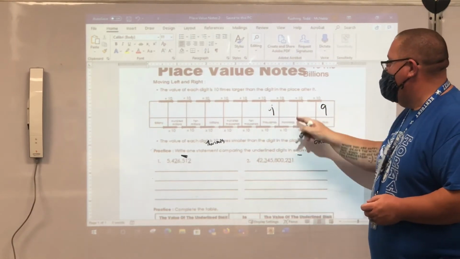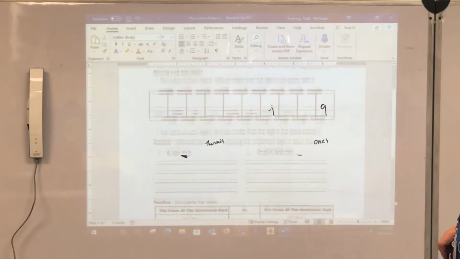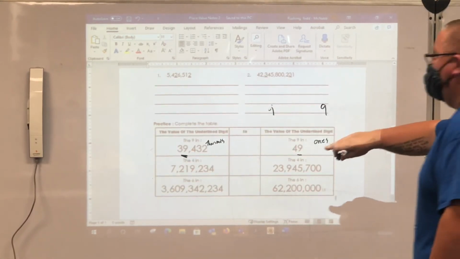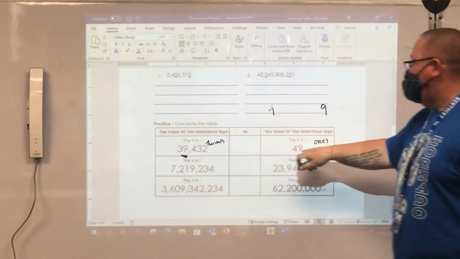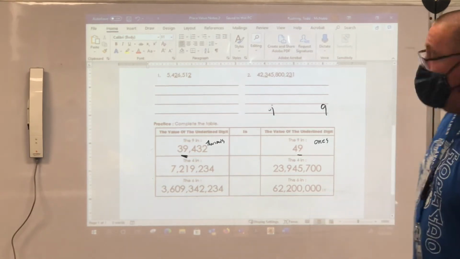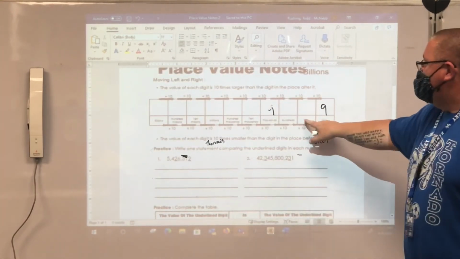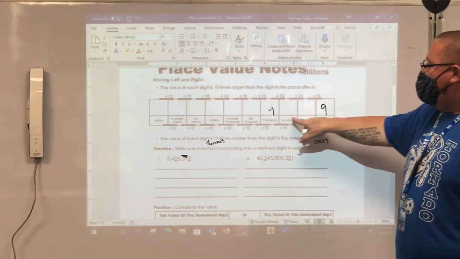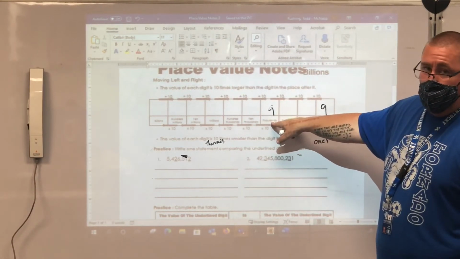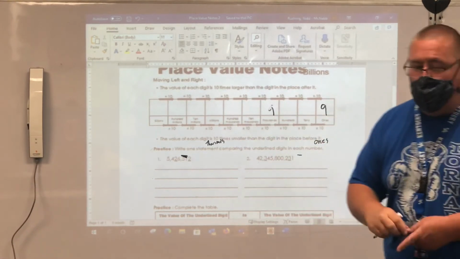We have a 9 here and a 9 here, and the question was: the value of the 9 in this number is blank the value of the underlined 9 in 49. So again, we go bigger. This is 10 times bigger than that, 100 times bigger than that, and 1,000 times bigger than that one.